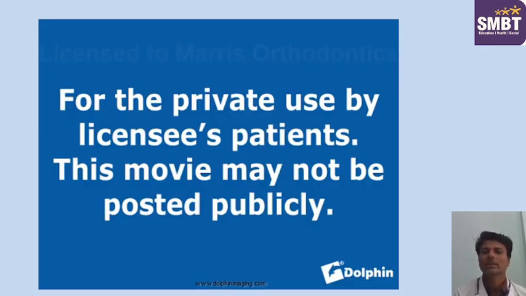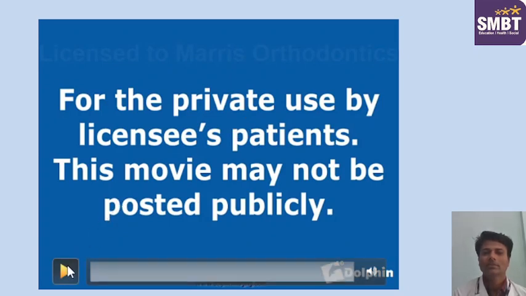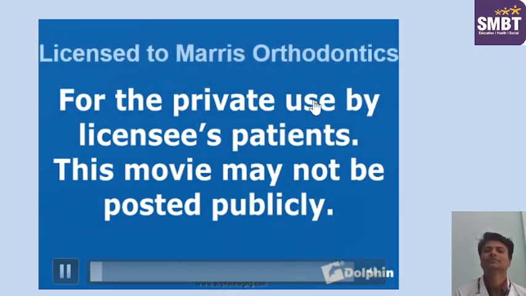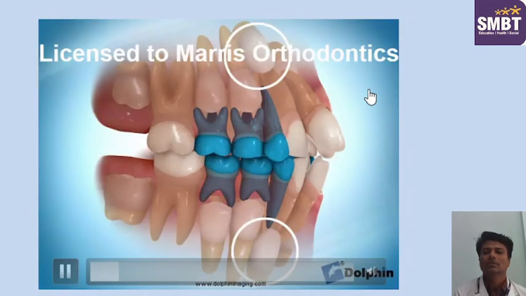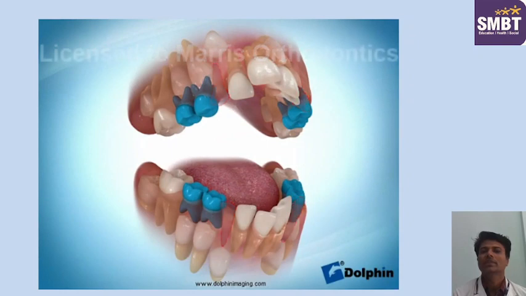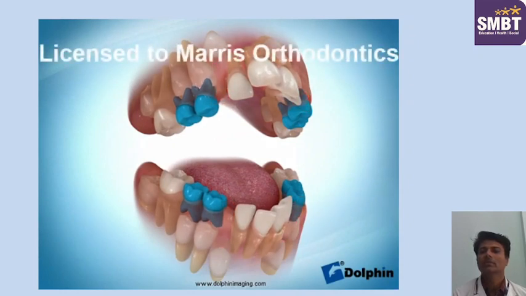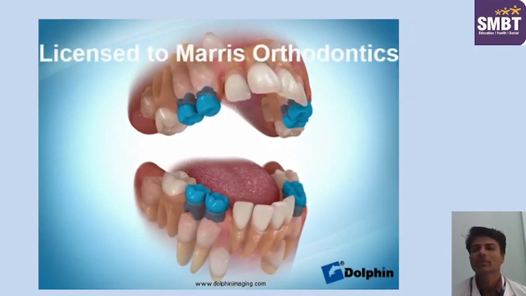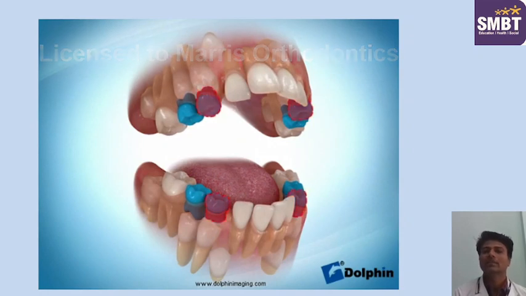Here again a small video is showing Dewel's method of serial extraction. So in Dewel's method, first we extract the deciduous canine. Because of that, proper alignment of the anterior teeth takes place.